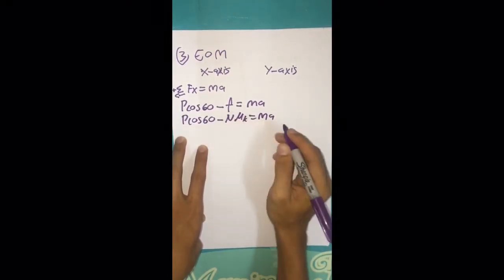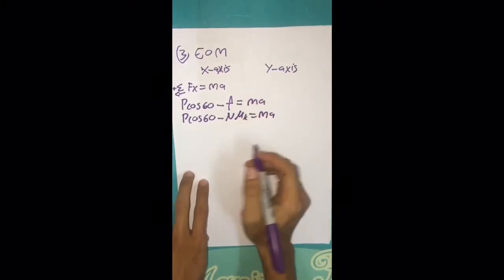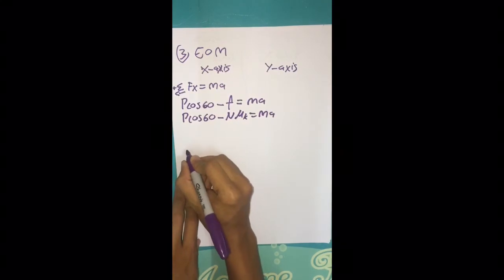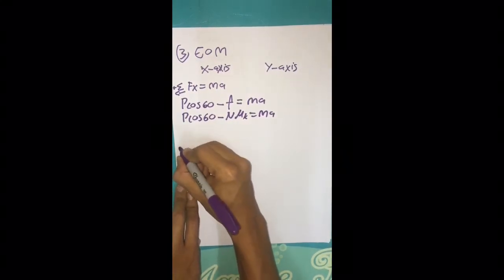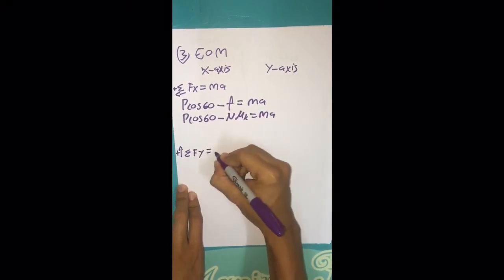To find the N, we must make a summation at the y-axis. The summation at the y-axis is equal to MA.